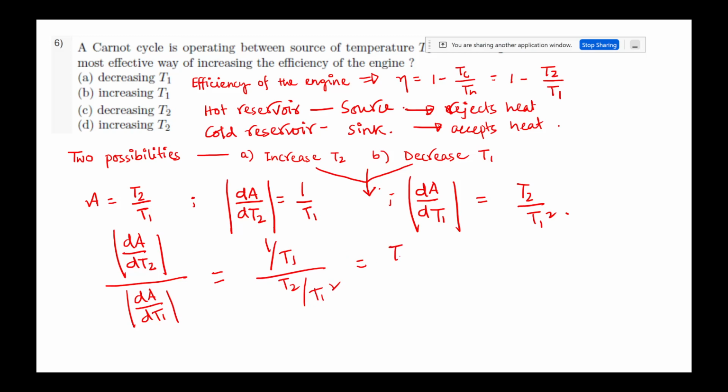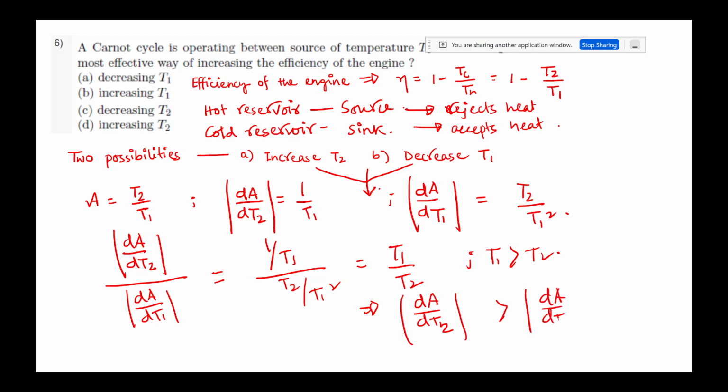So this will be T1 by T2, and T1 is always greater than T2. So if we change dA by dT2, now here why are we using the mod sign? Because the change of temperature for T1 or T2 are different. For T1 we are decreasing, and for T2 we are increasing.